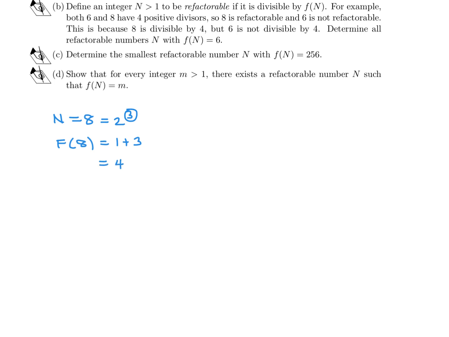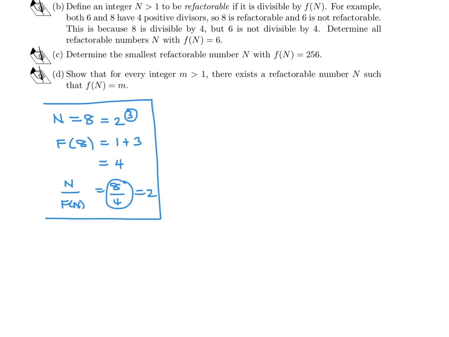So f of 8 is 4. And n is divisible by f of n, because we have 8 and we have 4, and that's 2. So this is obviously divisible. That's their example. I wanted to talk about it briefly, because otherwise it might seem a little abstract.